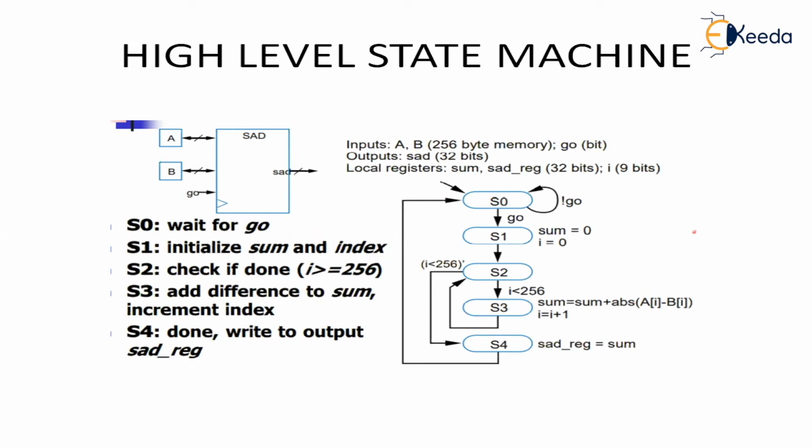That is SAD. I'm giving it as a 32-bit output, and I'm using some local registers for storing your sum, as well as for your I. What is this I? Suppose it is a memory, you will have a certain array. A and B are 256 byte arrays.